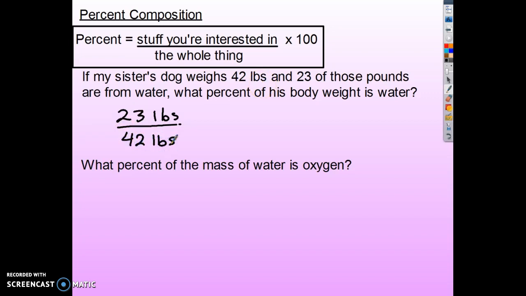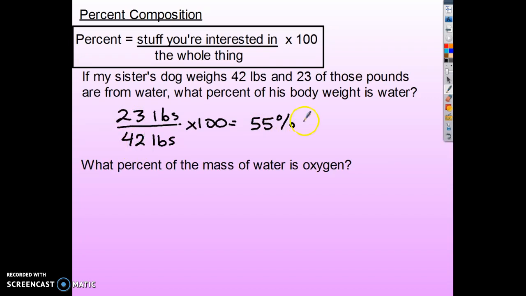I totally made this up. I don't know what the weight ratios for animals and water are. But the last thing we have to do for any percent is multiply by 100. You can probably tell it's going to be about 50%. But let's see. 23 divided by 42 times 100 gives me 55%, if I round to two significant figures, just like these numbers here have two significant figures.